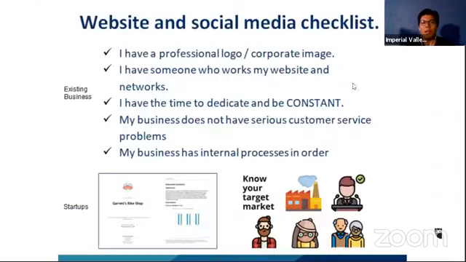Okay. We also have the quick checklist that I like to apply with businesses before deciding to invest in this type of paid advertising. For an existing business to go online and have that online presence, it's best to have a professional logo or at least a corporate image, which means that whenever you display yourself on any social media platform, your business has an essence.